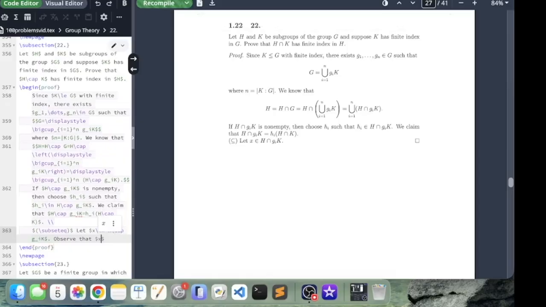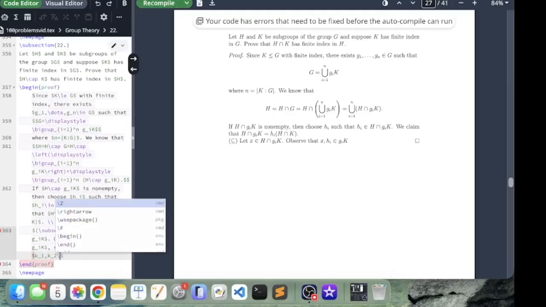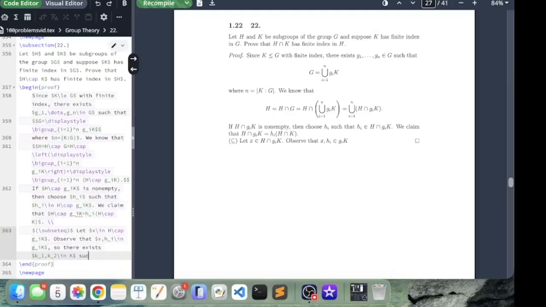Observe that x and h_i are both in g_i K, the left coset of K. So there exist k_1 and k_2 in K such that x equals g_i k_1 and h_i equals g_i k_2.